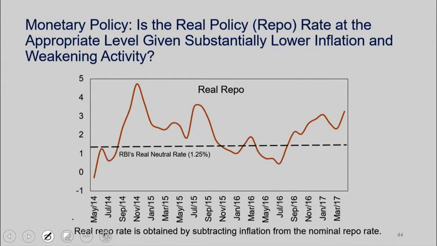What should be the real policy rate when the economy is in equilibrium? That is the neutral rate. Then you say, well, what is it today? Because the logic is that if the economy is weak, you want the real policy rate to be below to inject demand. If the economy is overheating, you want it to be higher to choke off demand. And then you could make this calculation of the real policy repo rate.